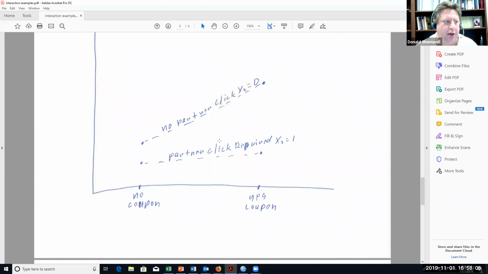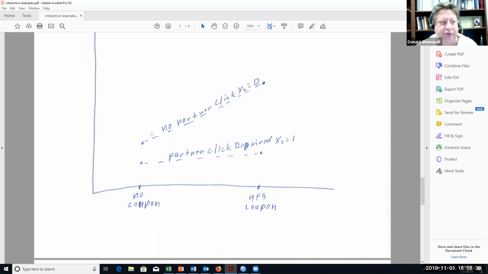So here's an example where you have a coupon and no coupon, and there's a click required. They have to click on the email and go in there, as opposed to being sent the ad code in the email itself. We can see that the average of having a coupon is better than the average of having no coupon, like this to this.